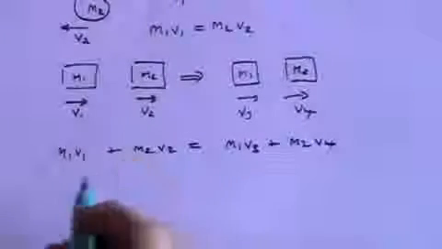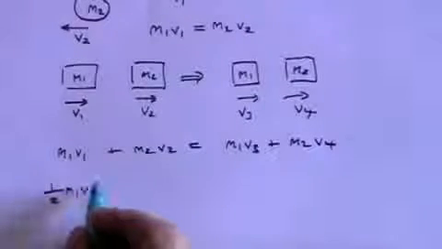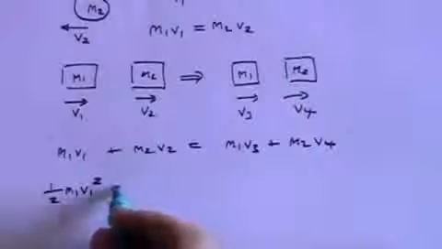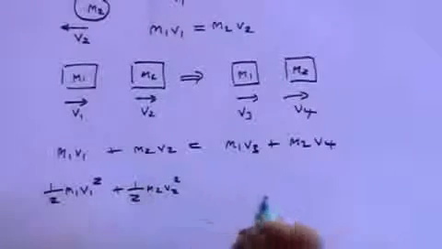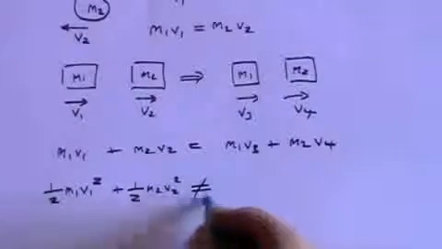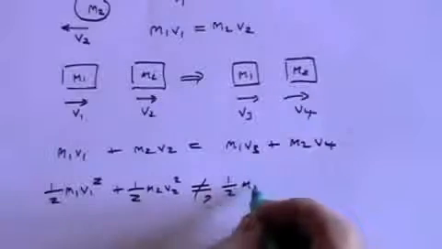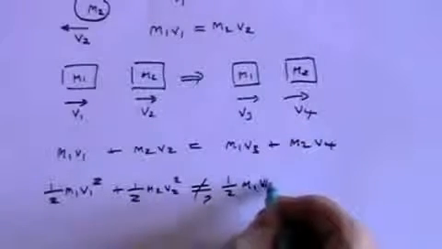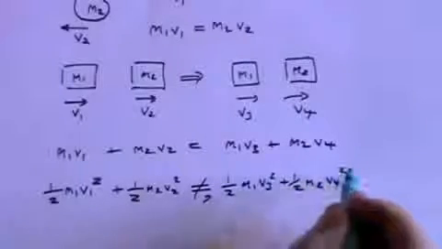What you cannot necessarily say is that energy, or kinetic energy, which is half m1 v1 squared plus half m2 v2 squared, does not necessarily equal, it might, but it does not necessarily equal half m1 v3 squared plus a half m2 v4 squared.